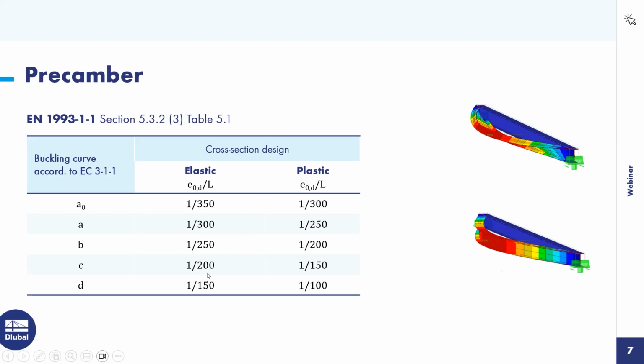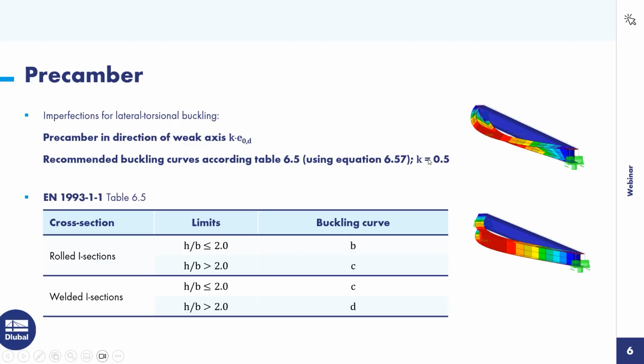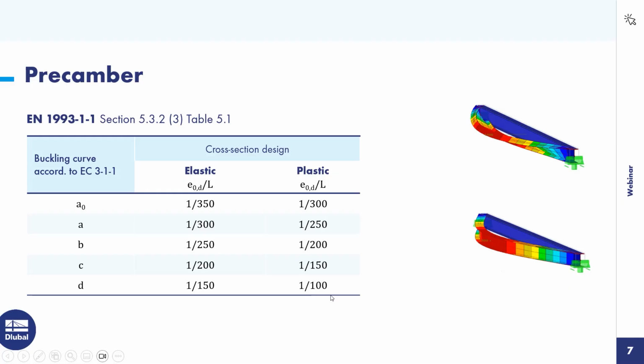You can see that's for the elastic design. And for the plastic design, 1 divided by 100 multiplied with the p-value 0.5 means 1 divided by 200, that is what we need to apply.